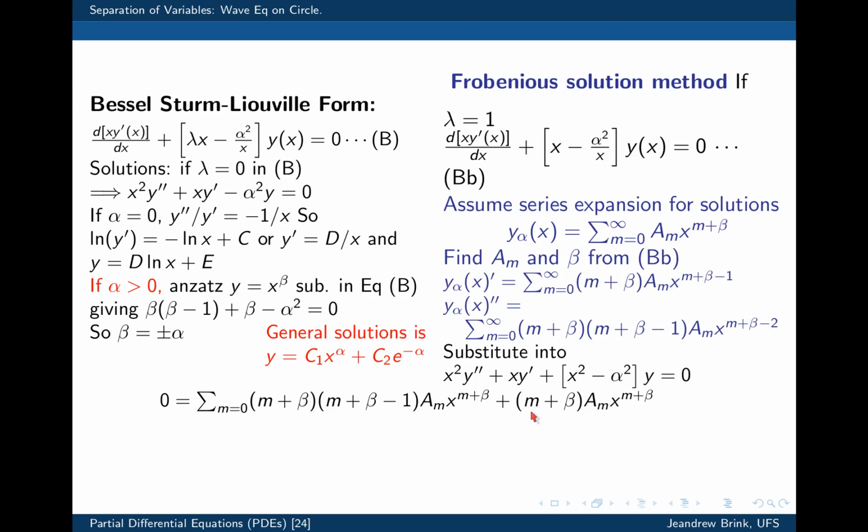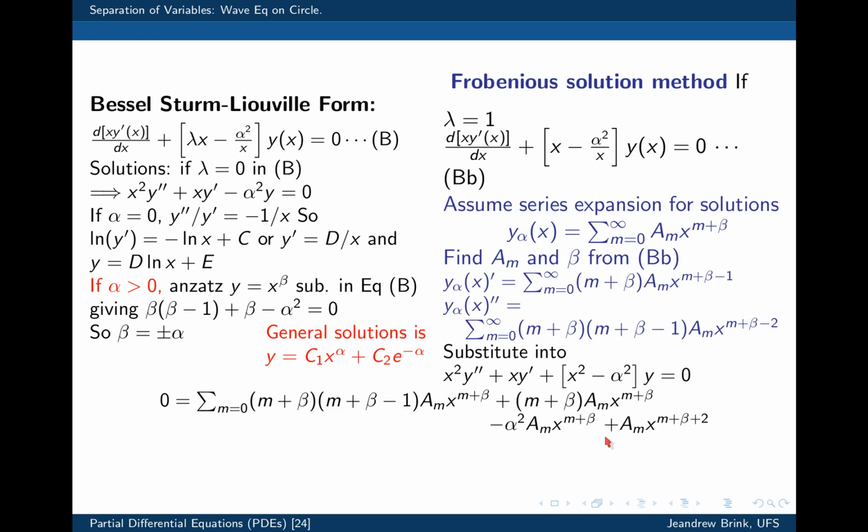Plus, let's go back, x times y prime. Your y prime is m plus beta times a_m times x to the m plus beta minus 1, times x, which is over there, minus alpha squared times a_m times x to the m plus beta.